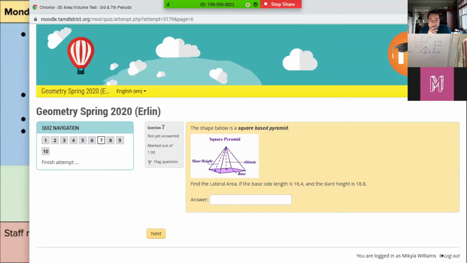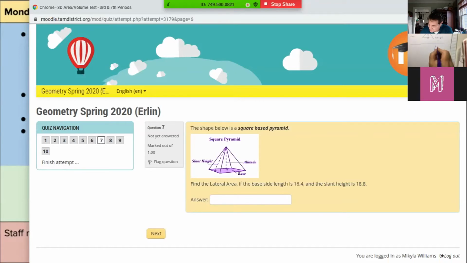Okay, you got this one too because it's giving you the right information. So what do we write out? P, H, and because this is a pyramid, we also do L, and B. Okay. So what's our P? 16.4 times 4. Good. My bad, 16.4.